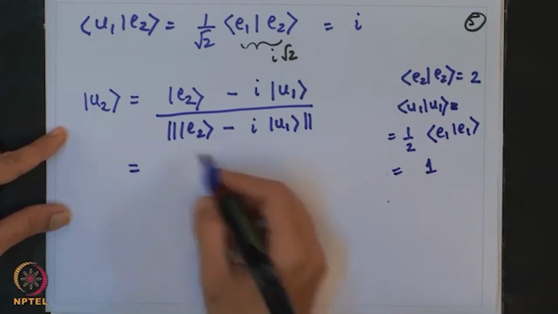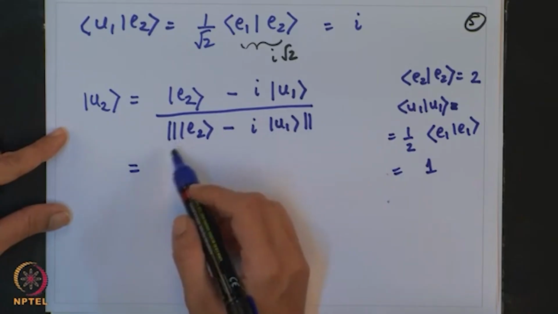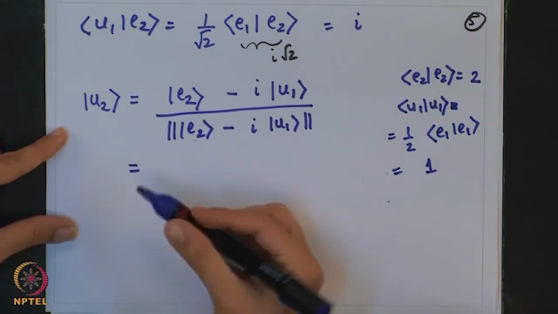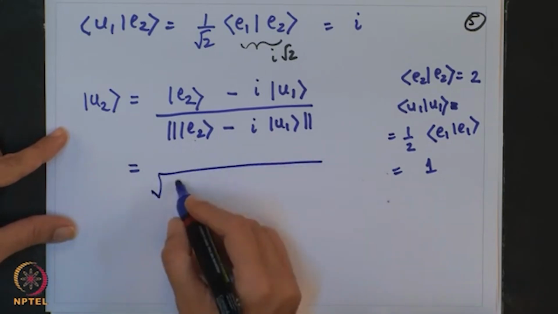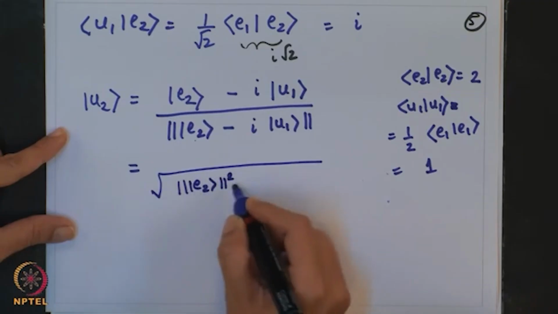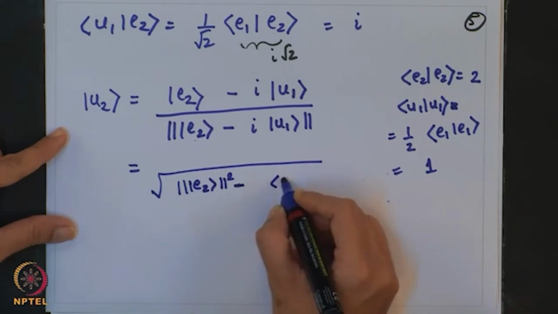Okay. So, this will be 2 minus 1, because when I take the norm it will be square root of E2 square minus norm of U1 square.